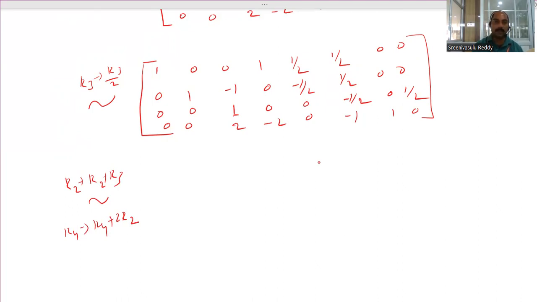Minus because here we have plus sign. Minus 2 R2. Not R2, R3. Because up to R2 is over. Next row diagonal element is R3 row diagonal element.